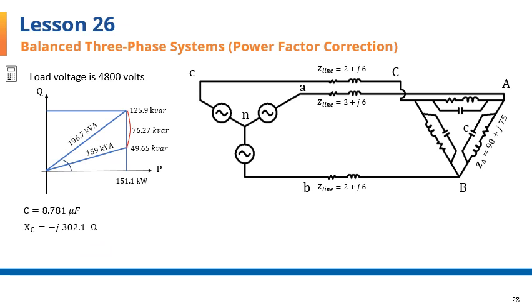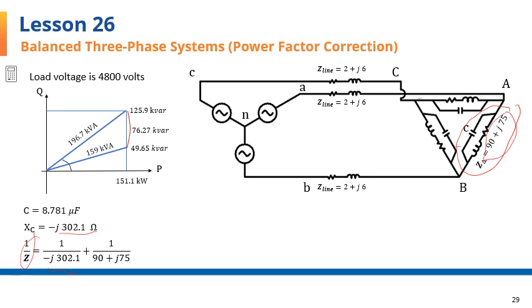Load Z delta and capacitor are in parallel right here. So let's find the equivalent impedance of the pair of them. 1 over Z, I'm going to call the combined impedance of these two simply Z, equals 1 over X sub C plus 1 over this impedance here.